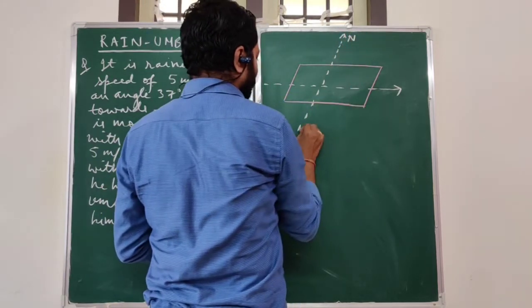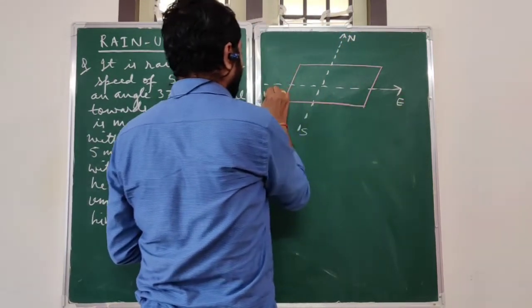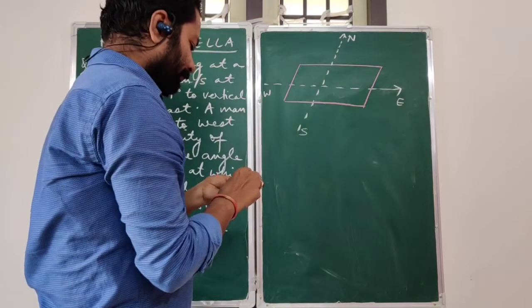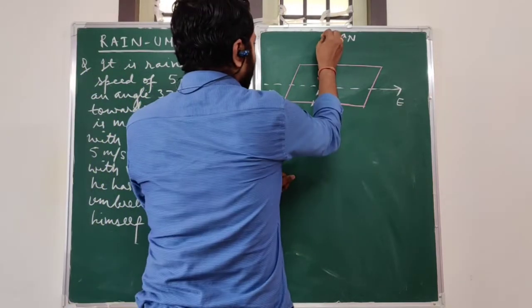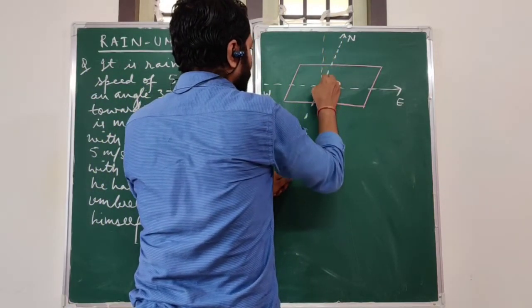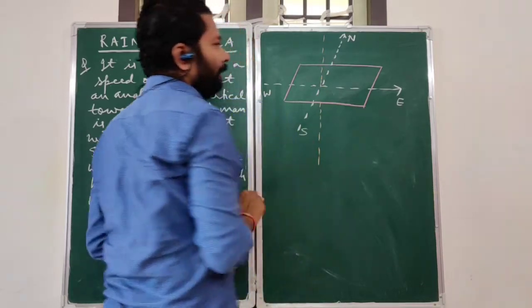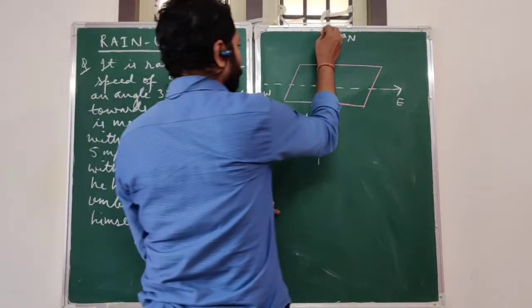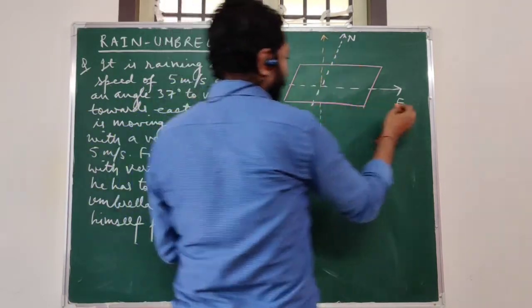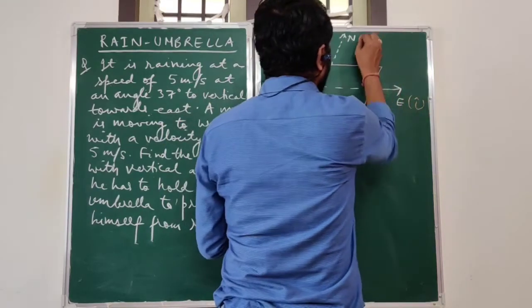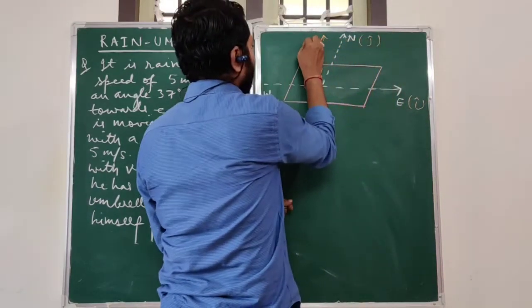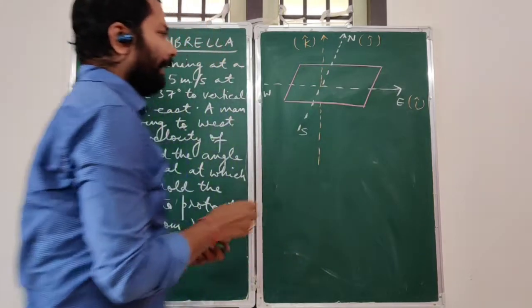This is north, south, east, west, and then you will have a vertical direction also. This is the vertical direction. So you can identify east with i cap, north with j cap, and the vertical, upward direction as k cap.